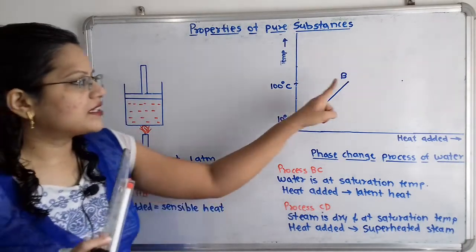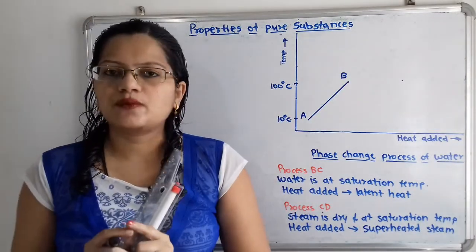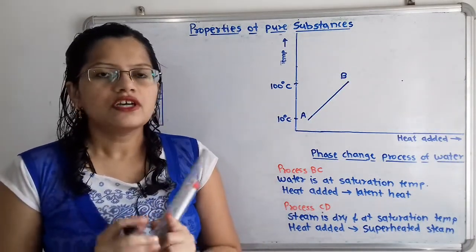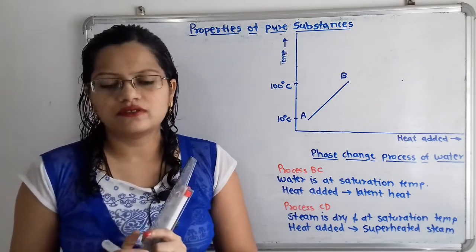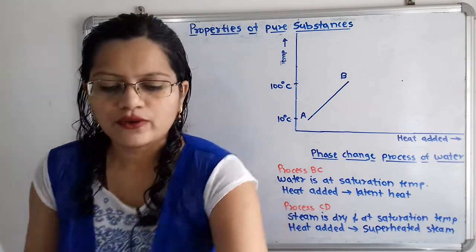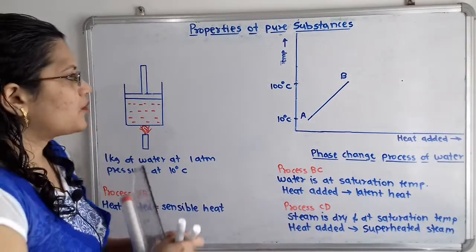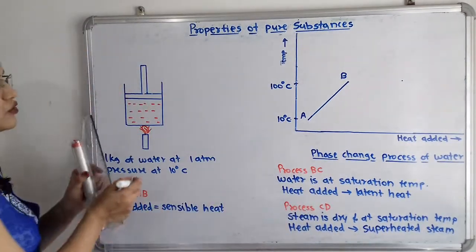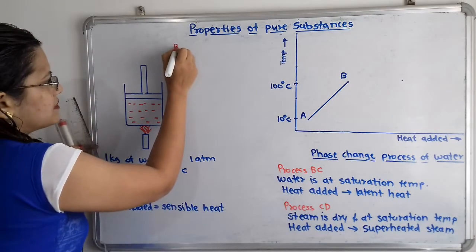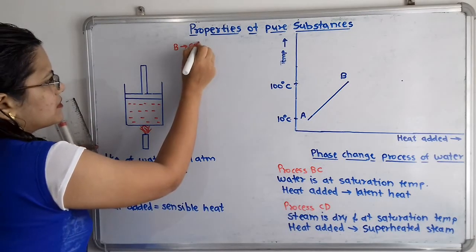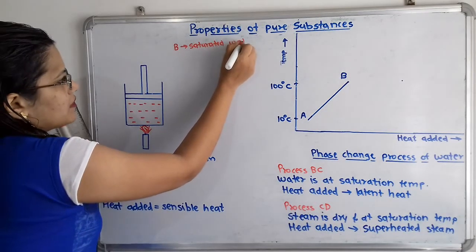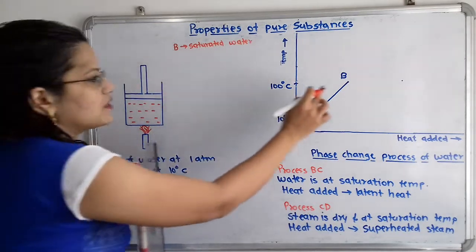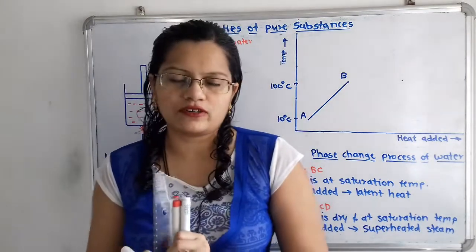Now what is the condition of water at this point B? This water is known as the saturated water. So at this point B we write that point B is the saturated water point. Now why is this point B known as the saturated water?